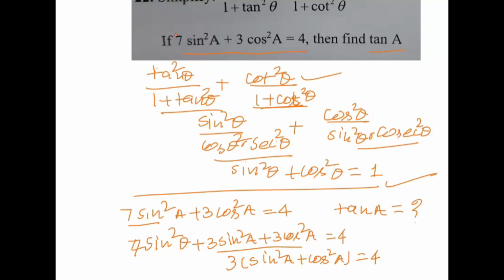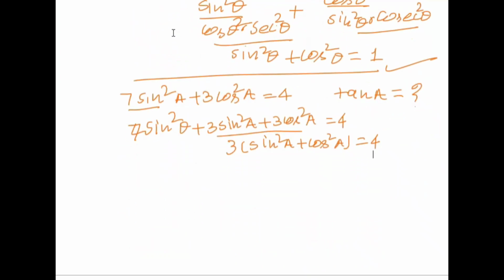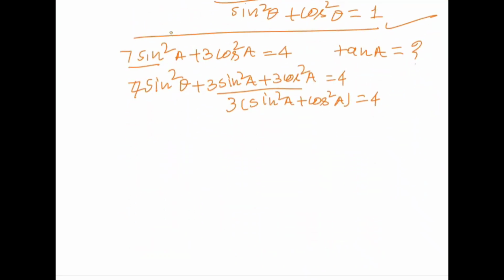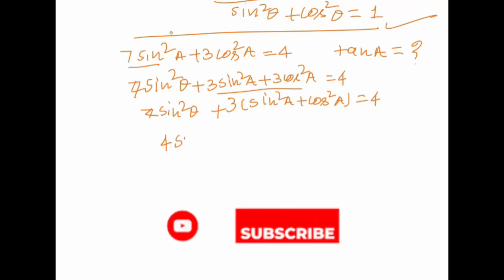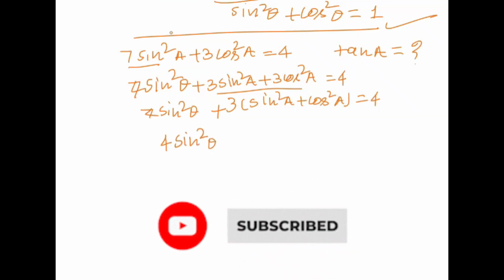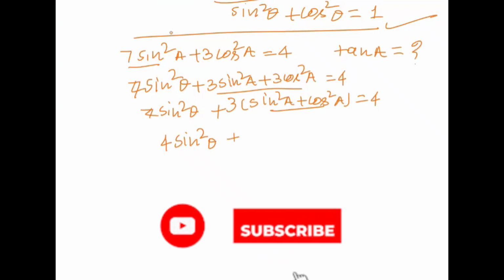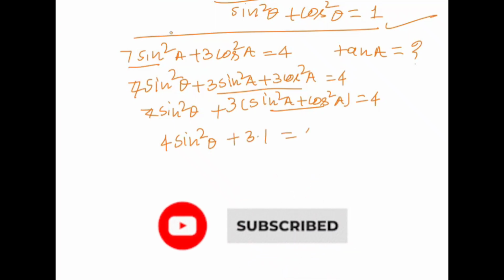Now what we can do: this is written as 4 sin square A plus 3 into 1 equal to 4.